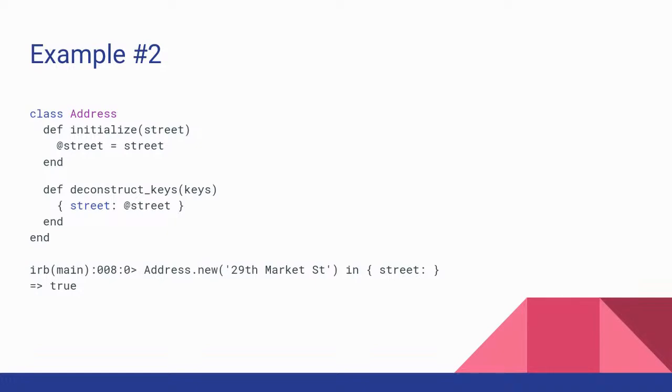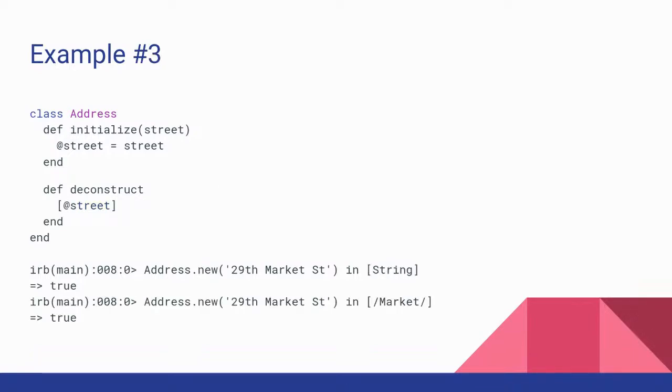Pattern matching doesn't know how to compare addresses, and we use these methods to teach pattern matching how to compare different objects. We could compare whatever instance of the address that we have. We're able to match using pattern matching against some pattern like we're doing here. We're trying to make sure it has a street in it.